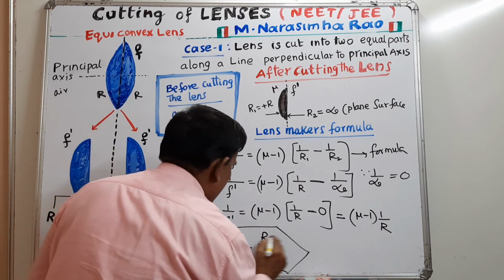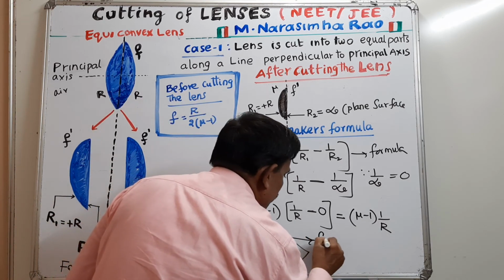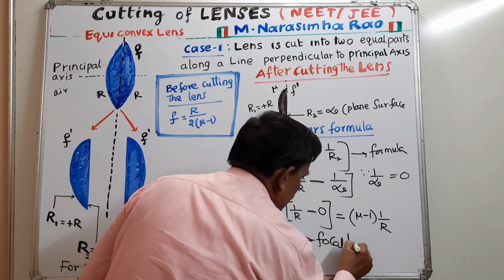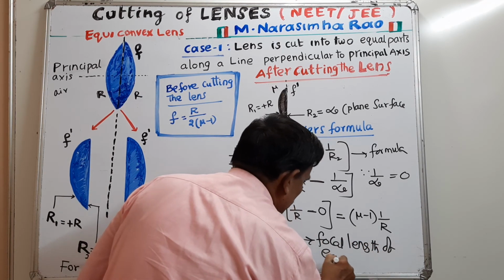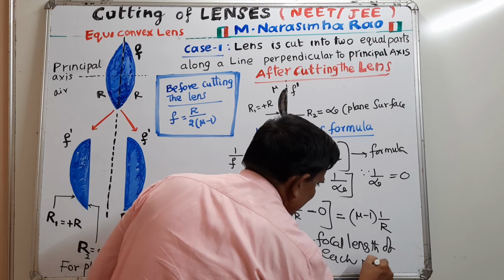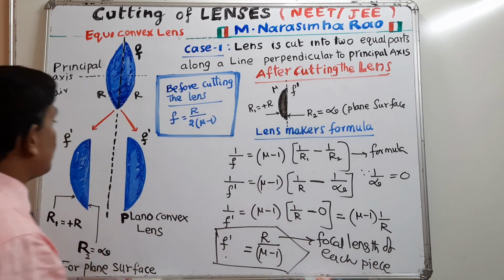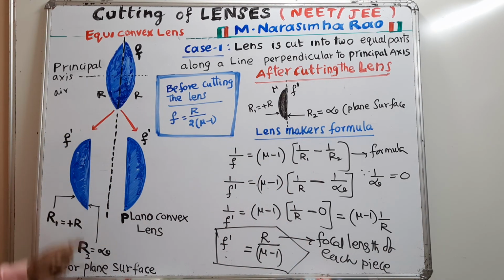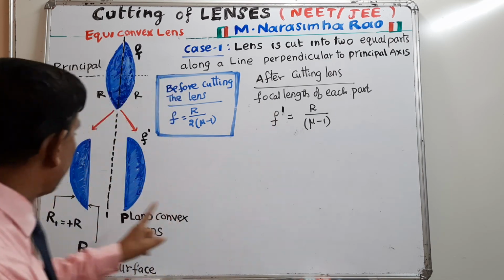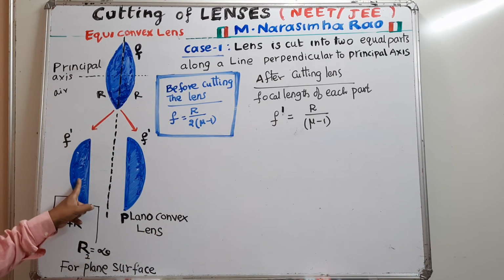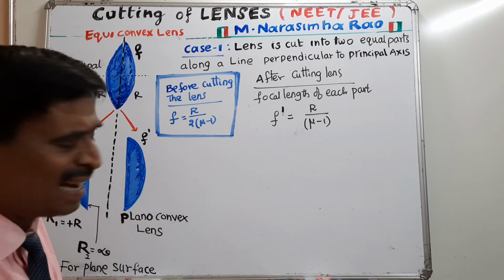This is the focal length of each piece of the plano-convex lens after cutting.